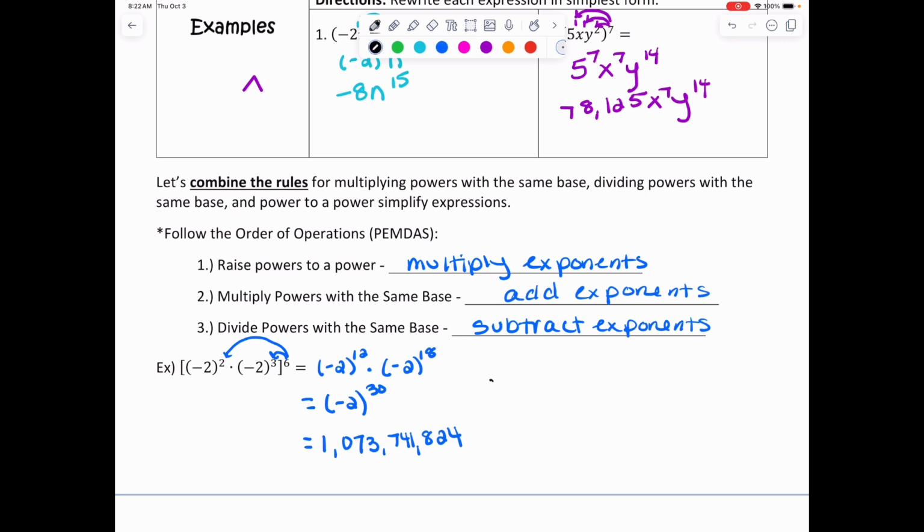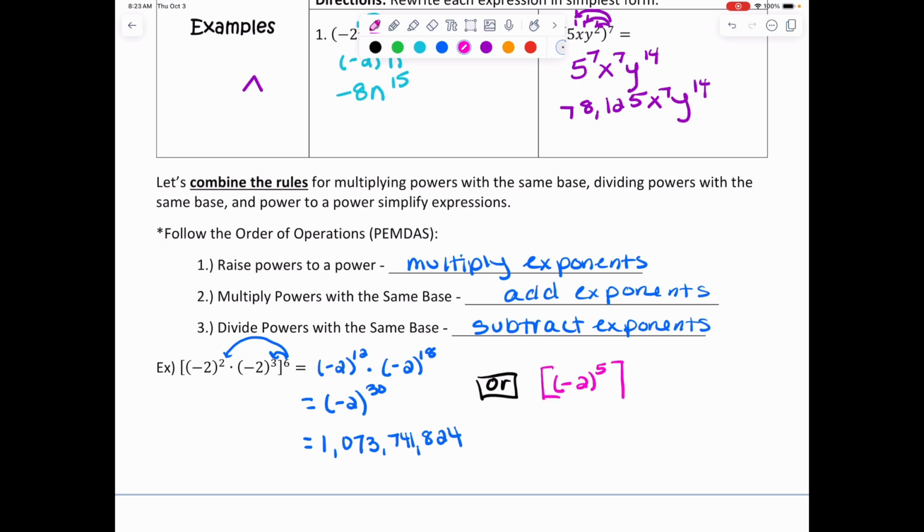Now, technically, though, you could also do it this way. I could think of this as parentheses first. PEMDAS, P is for parentheses. So I could do the negative 2 squared times the negative 2 to the third. Do the multiplying powers rule first and do 2 plus 3 makes 5.